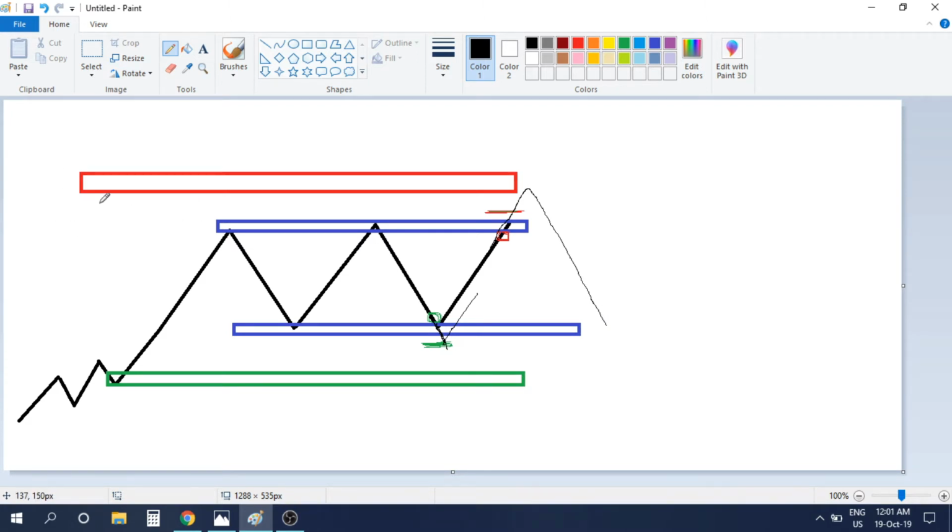So trading at these areas is really high probability from my personal experience.